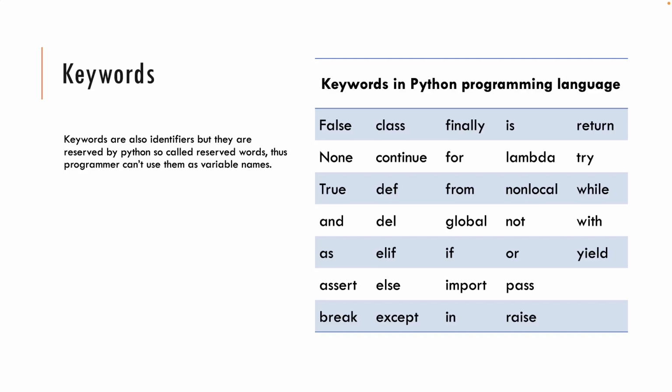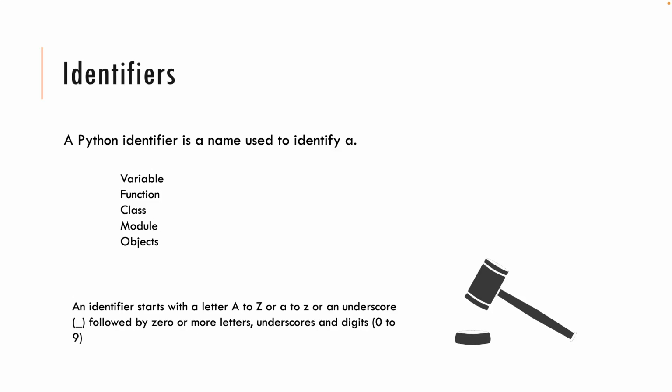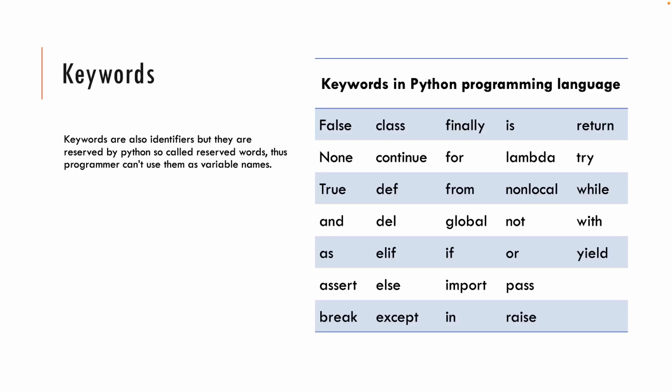So what are keywords? Keywords are identifiers, but they are reserved words. They cannot be used for naming anything else, such as variables, functions, classes, modules, and objects. The Python programming language reserves a few words for a special purpose because they are used in writing a program, making syntax, making statements.